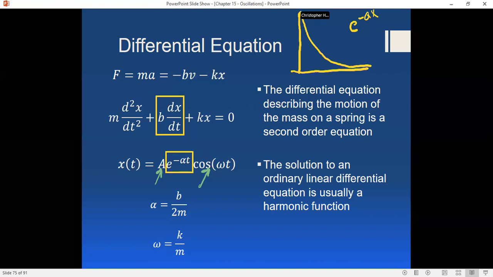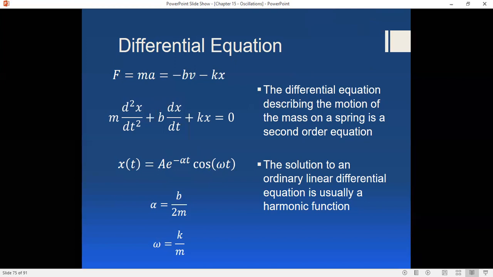Actually starts at a point. Okay? So this exponential decay is a very common thing that we see in physics, we see it in math. And what it's basically going to do, it's going to say, all right, our cosine is still going to oscillate up and down, whereas our negative exponential is going to decay.